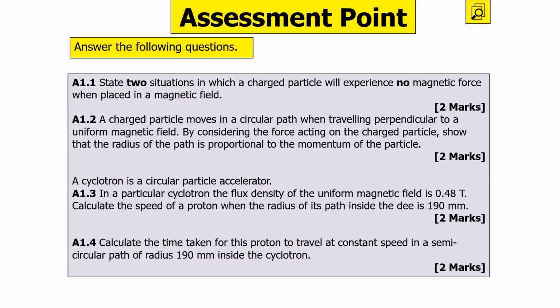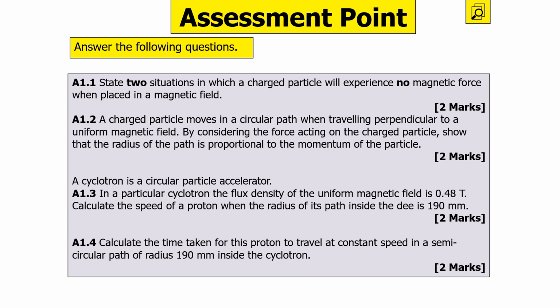Next question. State two situations in which a charged particle will experience no magnetic force when placed in a magnetic field. Then a charged particle moves in a circular path when travelling perpendicular to a uniform magnetic field. By considering the force acting on the charged particle, show that the radius of the path is proportional to the momentum of the particle. Then a cyclotron is a circular particle accelerator.